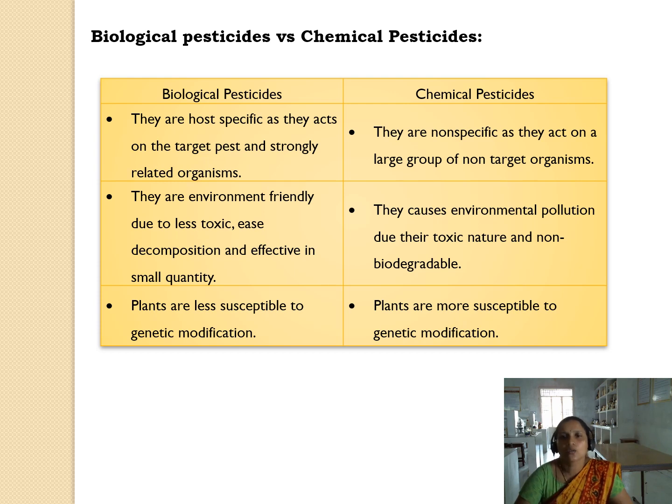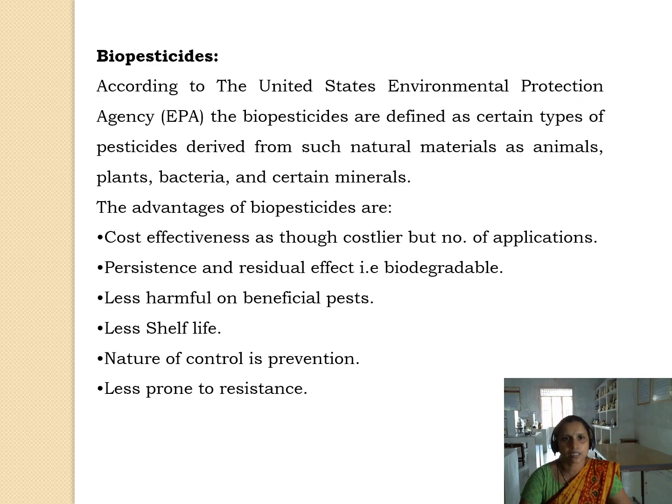Chemical pesticides may cause environmental pollution because of their toxic and non-biodegradable nature. Plants are much less susceptible to genetic modifications when we use biological pesticides, whereas plants are more susceptible to genetic modifications when we use chemical pesticides.